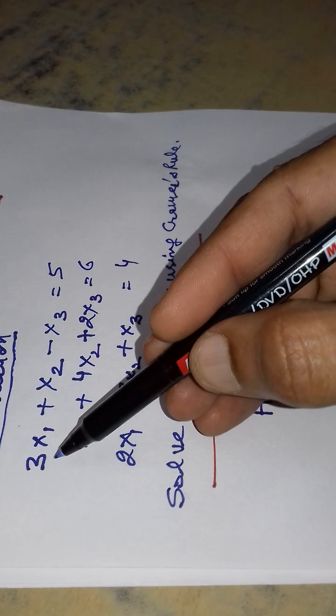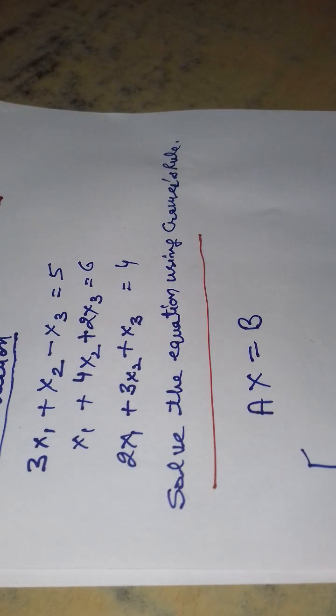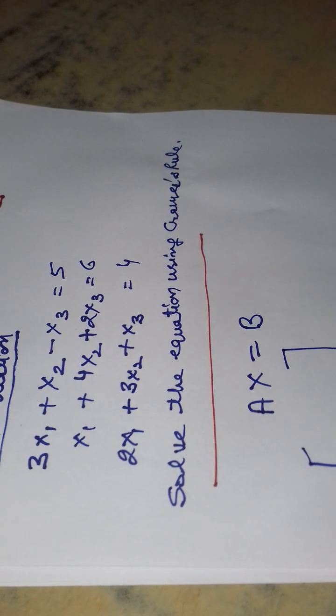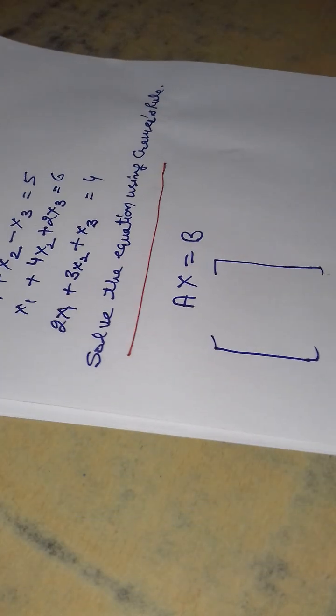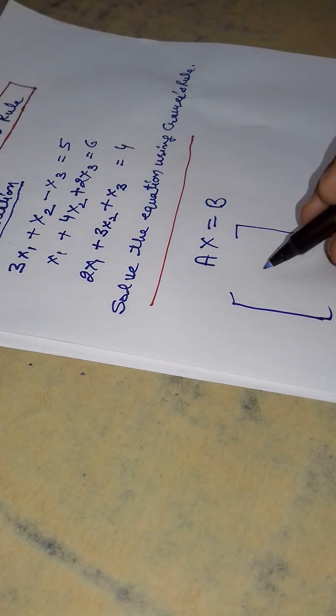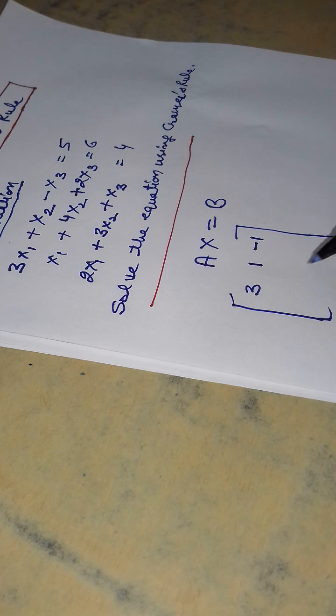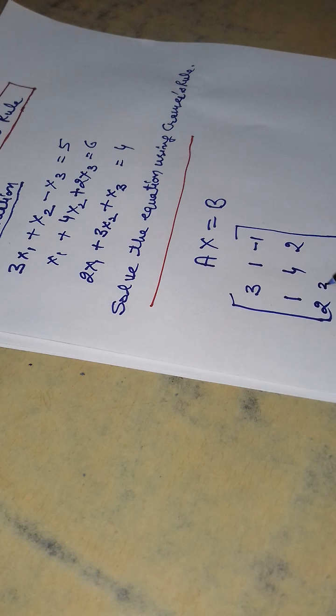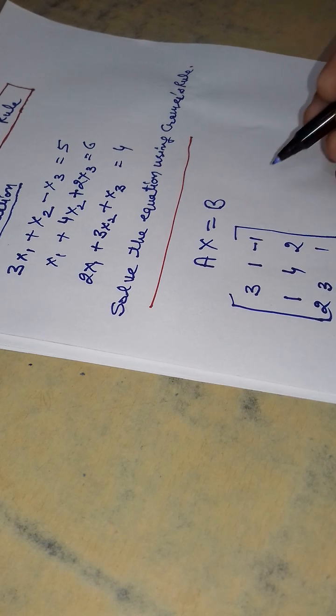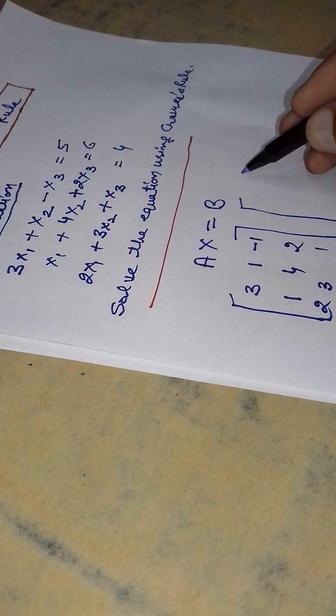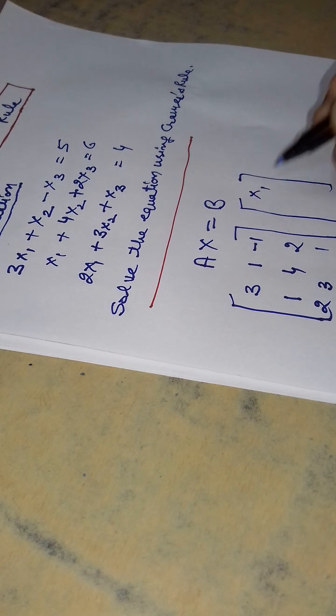Take the coefficients and make a matrix A: 3, 1, -1; 1, 4, 2; 2, 3, 1. X2's coefficient in the first equation is not written, so it is 1. The unknowns are x1, x2 and x3.